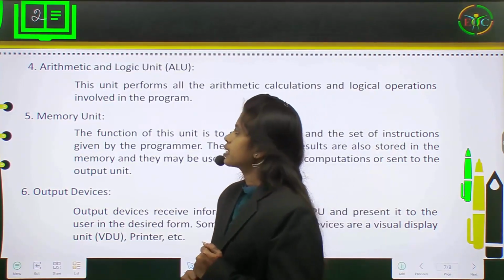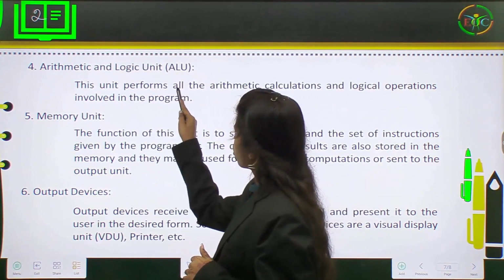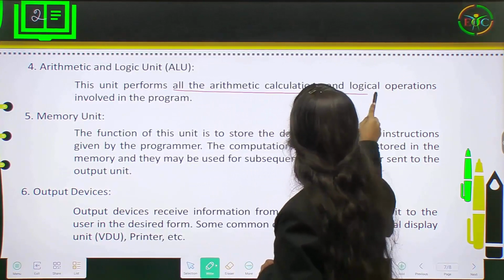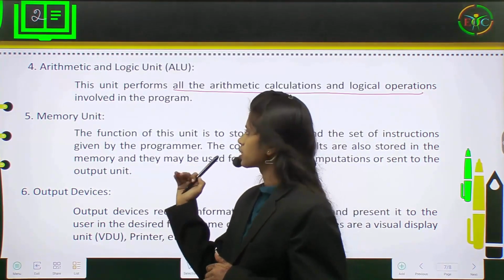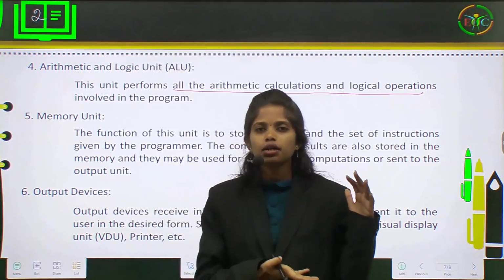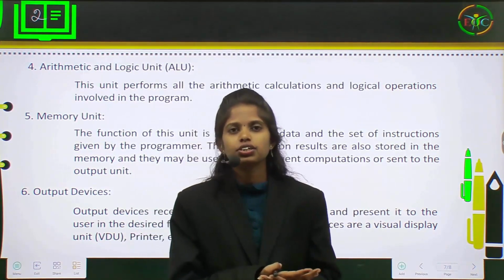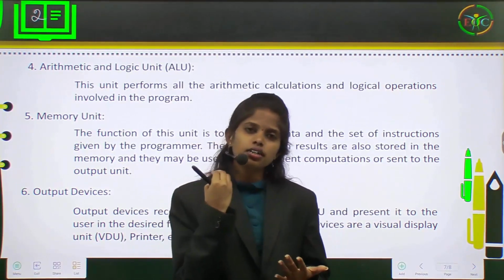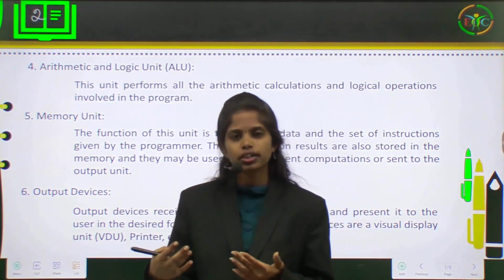Next is the arithmetic and logic unit. This unit performs all arithmetic calculations and logical operations involved in a program. When you write a program, there can be a logical instruction or a mathematical instruction which consists of arithmetic operators.